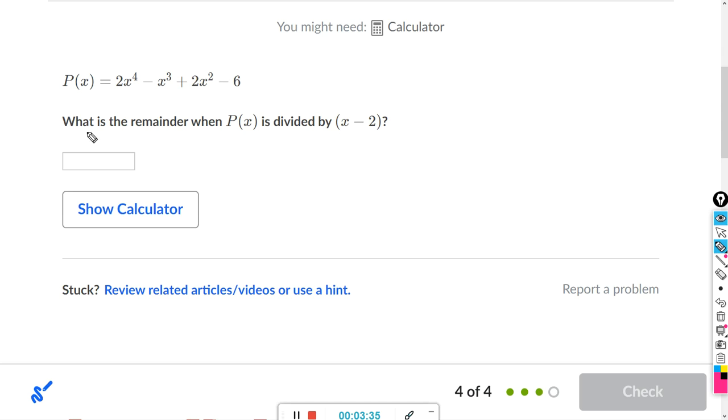What is the remainder when p of x is divided by x minus 2? Always change the sign of the thing you're dividing by. So if we divide by x minus 2, that -2 becomes a +2. So we're going to plug in x equals +2 in this equation here.